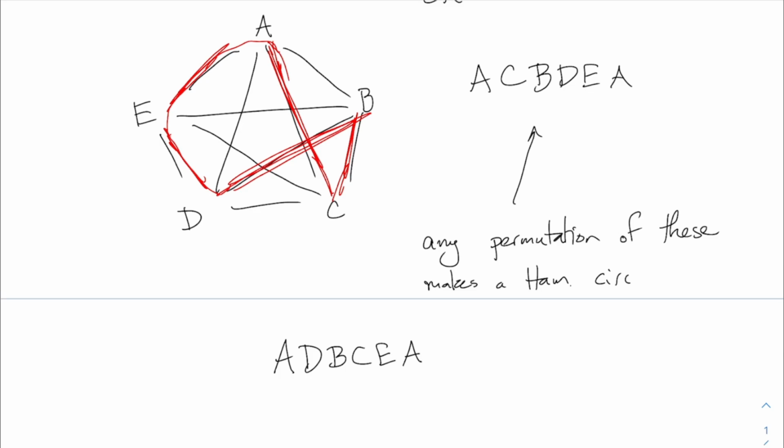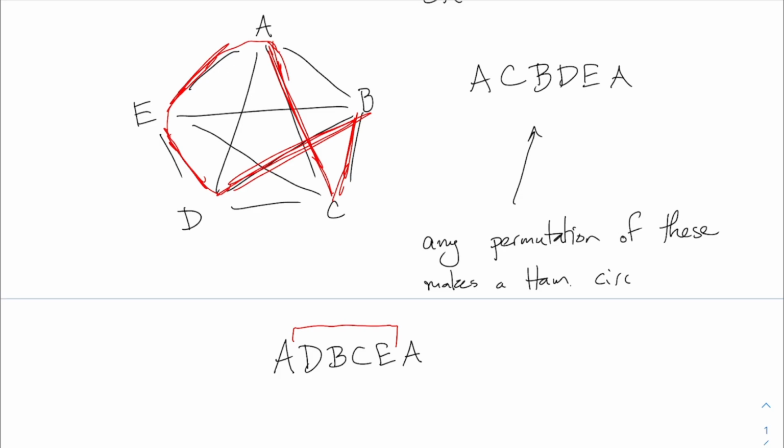Now, in an ordinary graph, you would have to check to make sure, is there actually an edge from A to D? Is there actually an edge from D to B? But in a complete graph, all the edges exist. That's the whole point of complete graphs. So no matter how you rearrange these letters, if I start and end at A, I'm allowed to shuffle around those other letters in any way, and it will automatically make a Hamilton circuit.